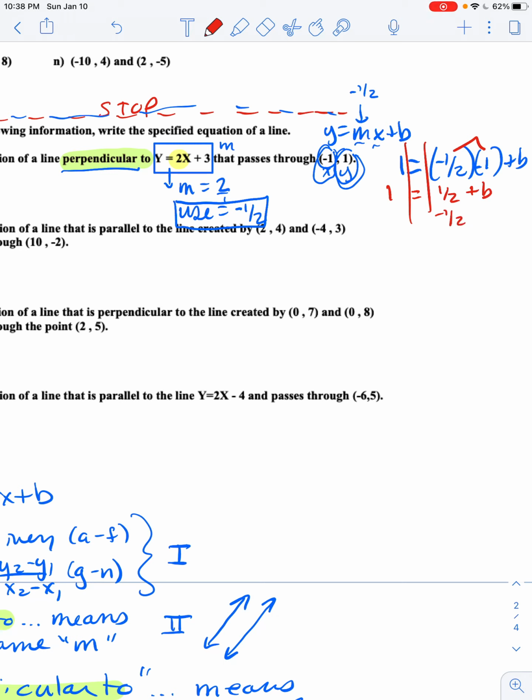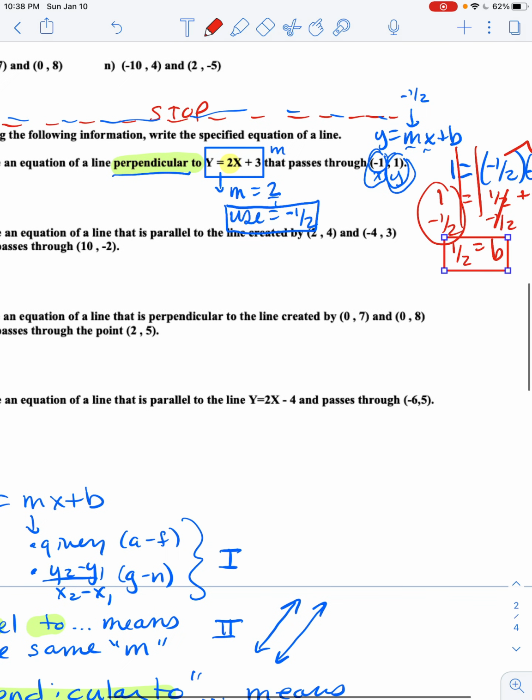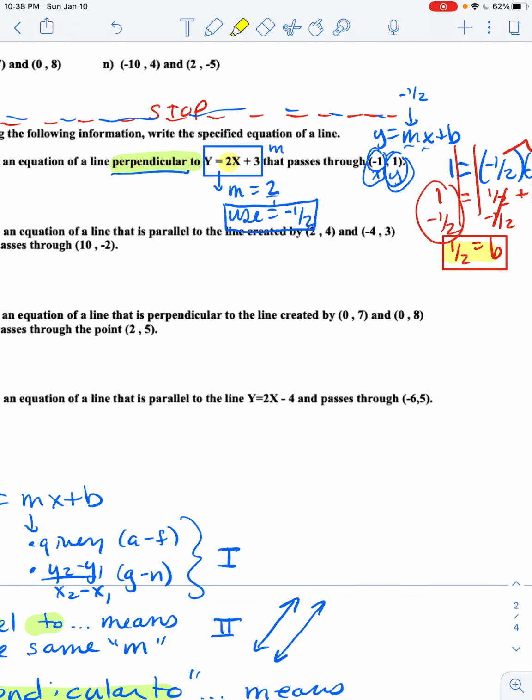Then to solve for b, I have to combine these. 1 minus 1/2 will still leave me with 1/2, because if you have a pizza and your friend eats half, you still have half. So now I can take my b value and my m value and write my equation. Y equals negative 1/2 x plus 1/2.